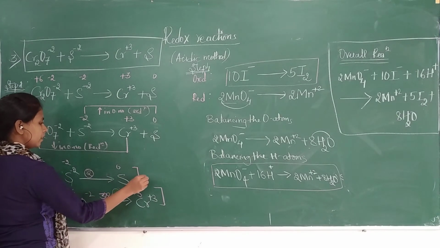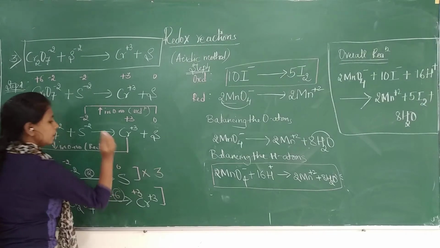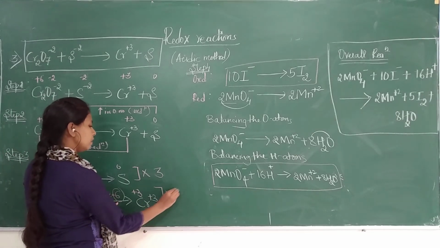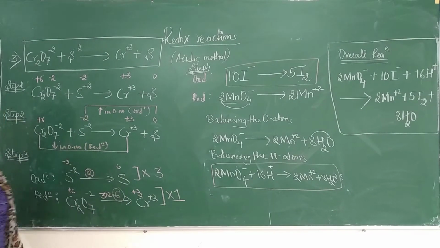if I multiply it with 3, it will be 3 into 2, 6, and the second equation by 1. So both will be equal here. So now we have multiplied the oxidation half reaction by 3 and the reduction half reaction by 1.